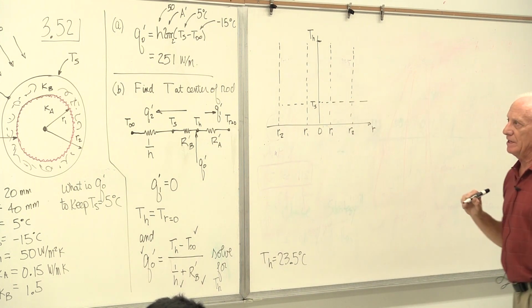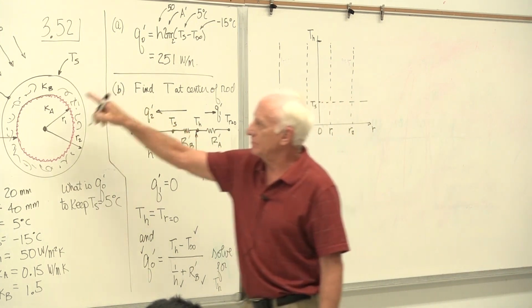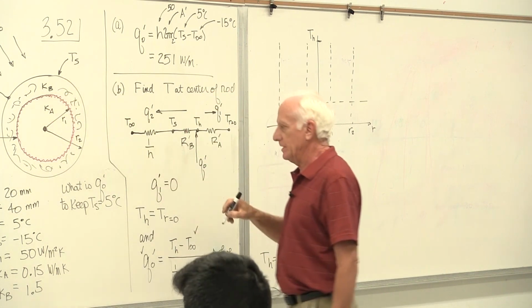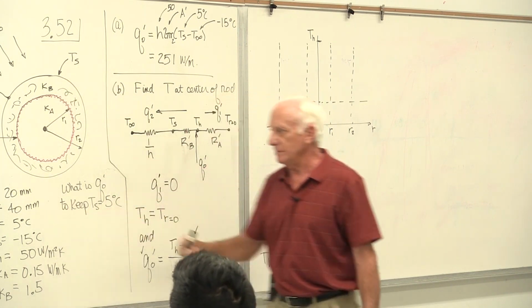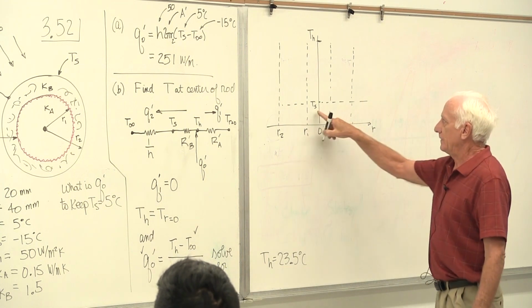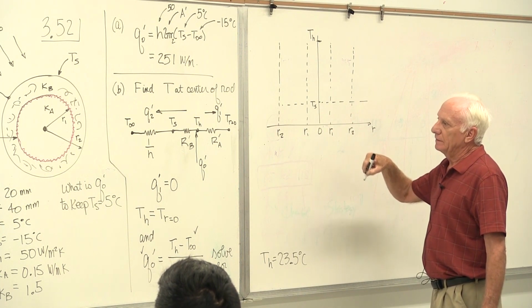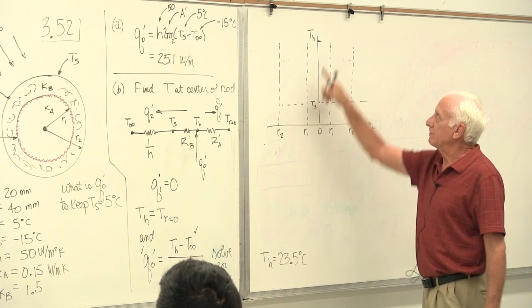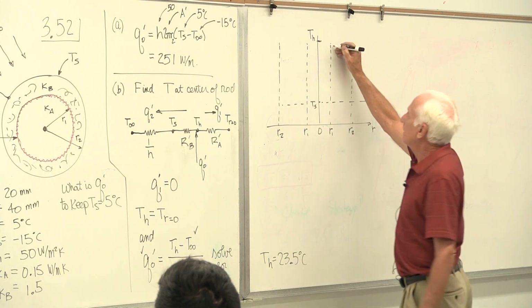When you get to r equals R2, that's the outside surface, the temperature equals T_S, give it to me, 5 degrees C. This is 5 degrees C. T hot is 23.5 degrees C, that's up there.